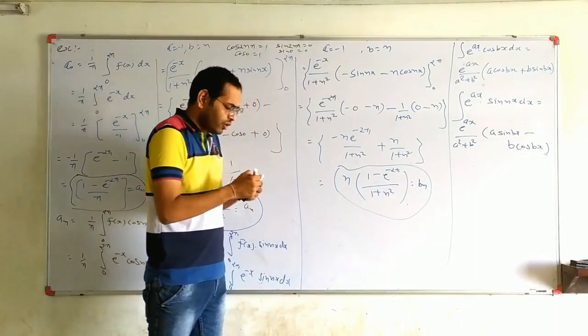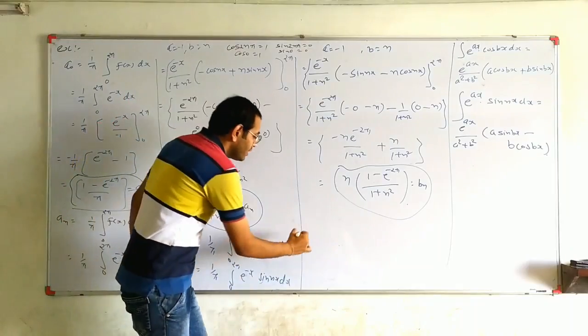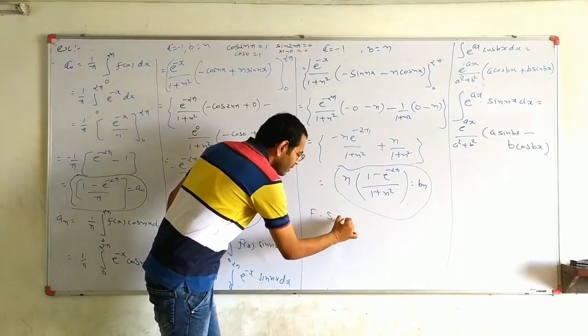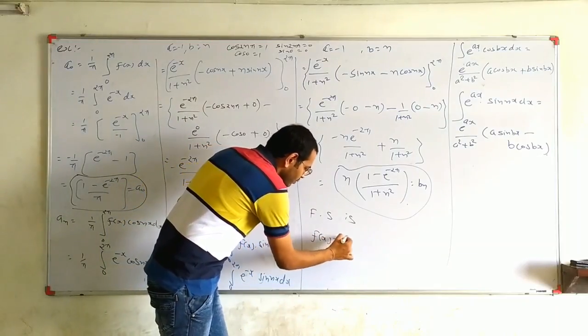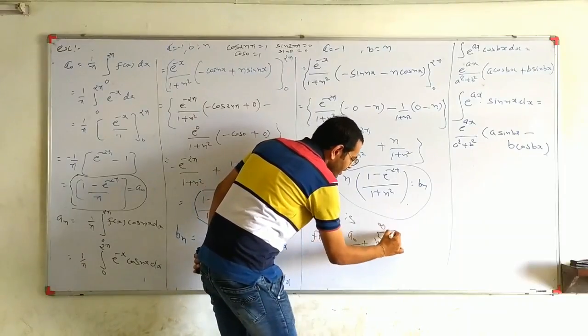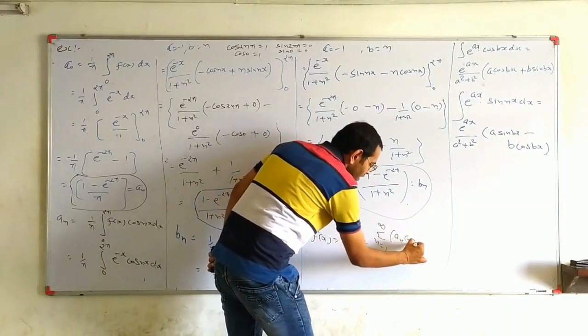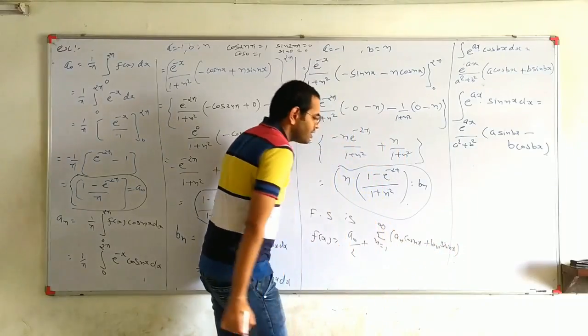Now substituting the values of a0, an and bn in our formula of Fourier series, f of x equal to a0 by 2 plus summation n equal to 1 to infinity of an cos nx plus bn sin nx. Just substitute the values.